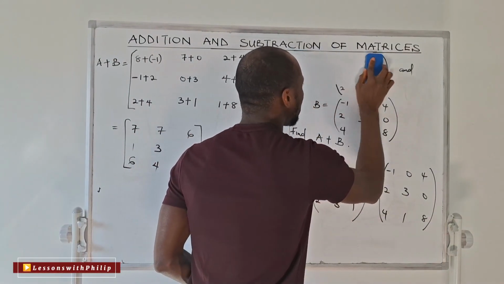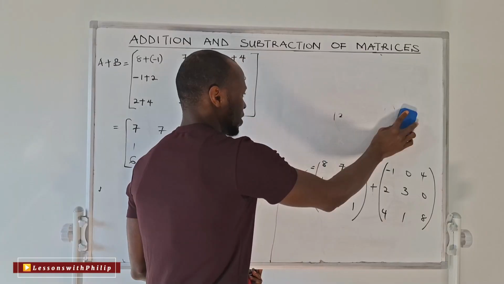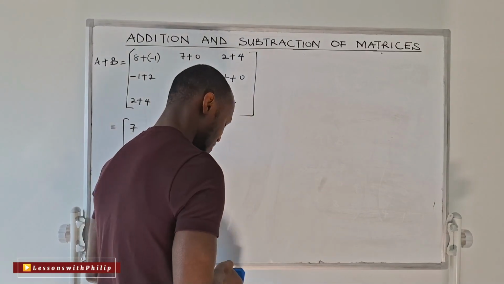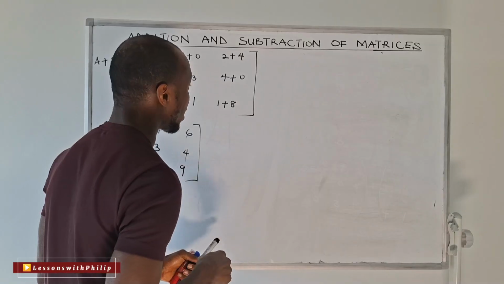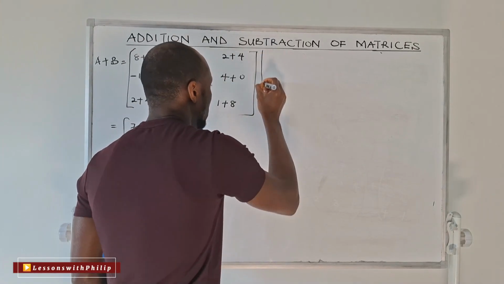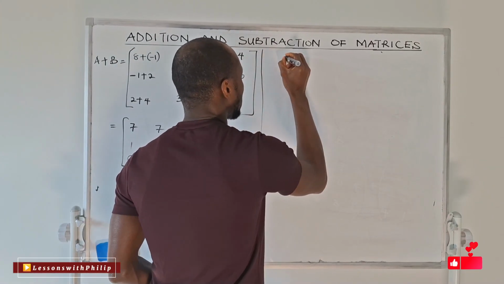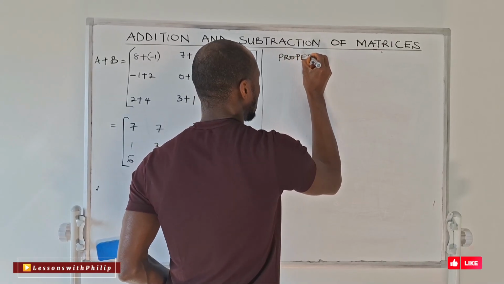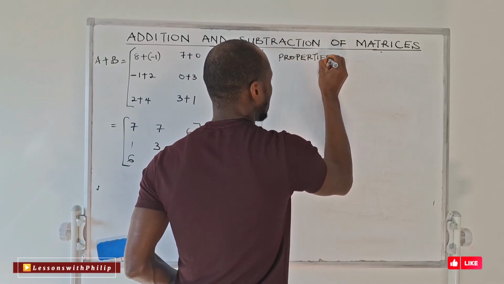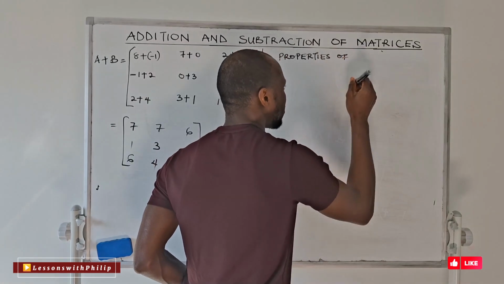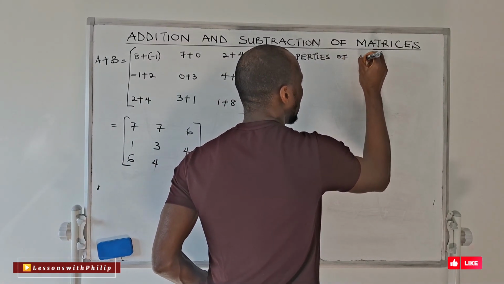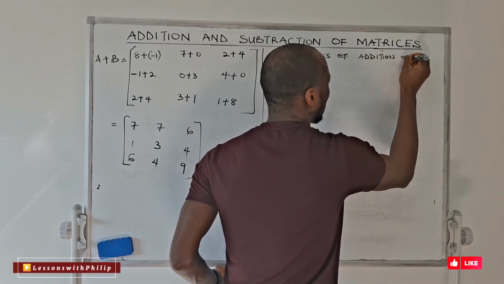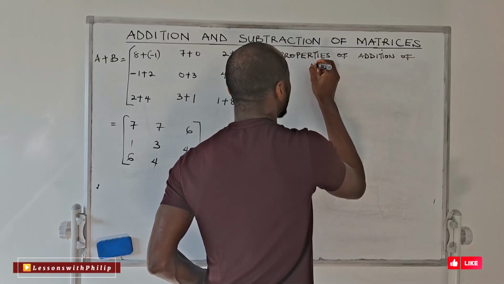Now, there are two properties. Let's go to the properties of addition of matrices. There are two major properties. Let me write. Properties of addition of matrices.